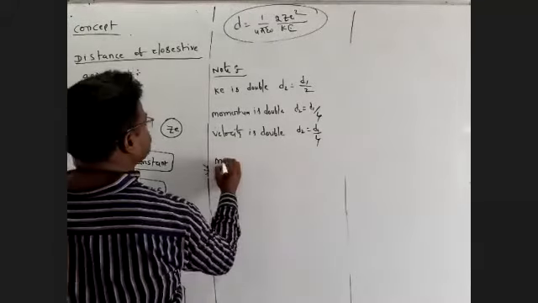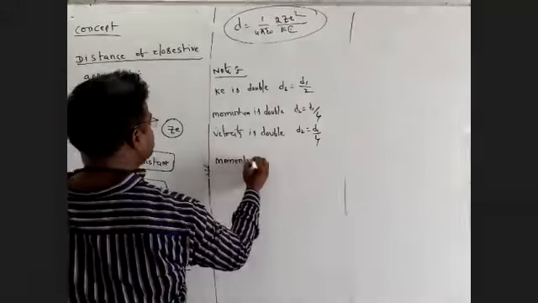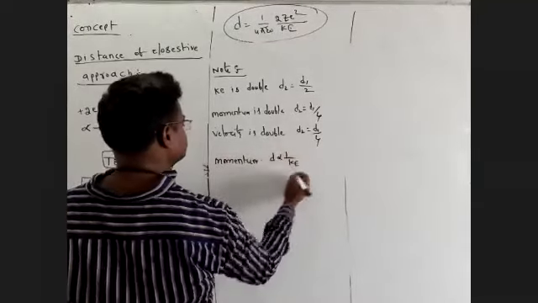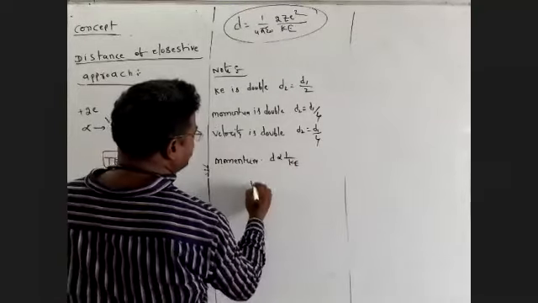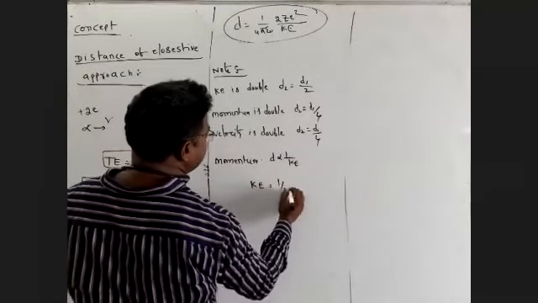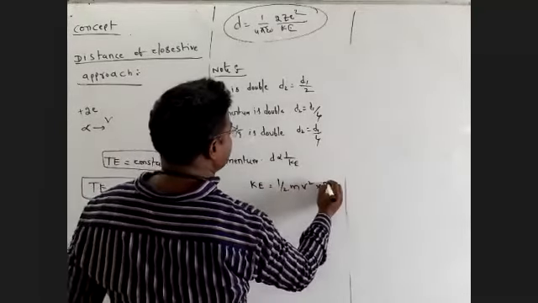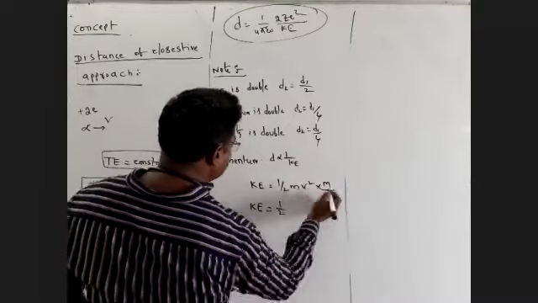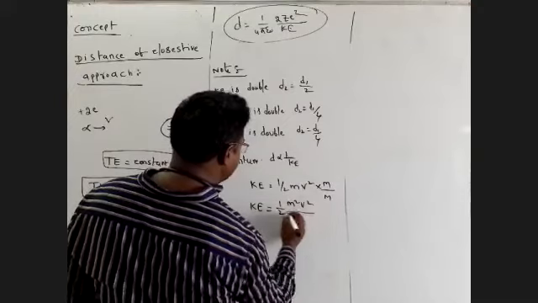Next, momentum. D is inversely proportional to 1 by kinetic energy, and we know kinetic energy is equal to half m v squared. Multiplying and dividing by m, K is equal to half m squared v squared by m.